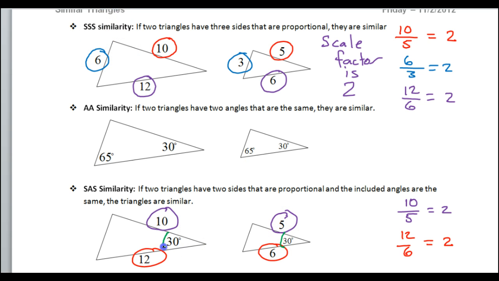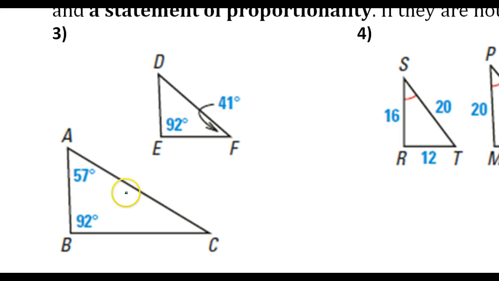It's important that the angle that is congruent is between the sides that are proportional. So for number 3, we have two angles, and I see that the 92 and the 92 are the same, but we need another pair of angles to be the same. It's hard to know without figuring out what the missing angles are.